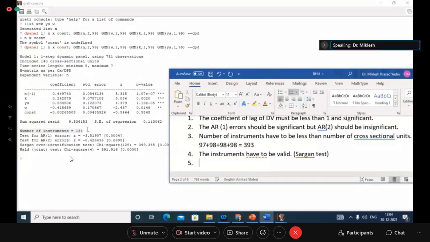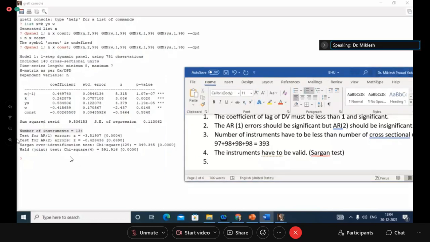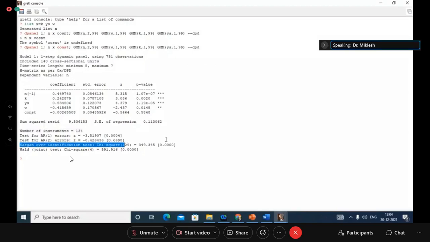You get the result of the Sargan test, which is here. It means the Sargan over-identification test. So this is nothing but the validity of instruments. Whatever instruments you are considering, either they are valid or not. That can be decided with the help of the Sargan test.